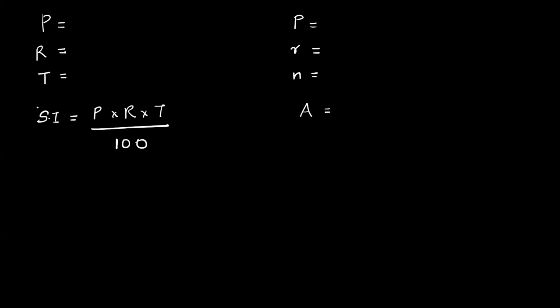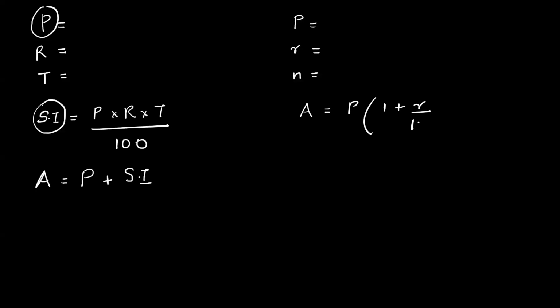For example, the simple interest formula will only give me the interest, how much we are earning. So how will we get the amount? Amount means how much money you are supposed to get. You're obviously going to get P, that is how much money you put in, plus whatever interest extra you're earning. Here we are learning directly the formula of amount, which is P into 1 plus R upon 100, the whole raised to n.